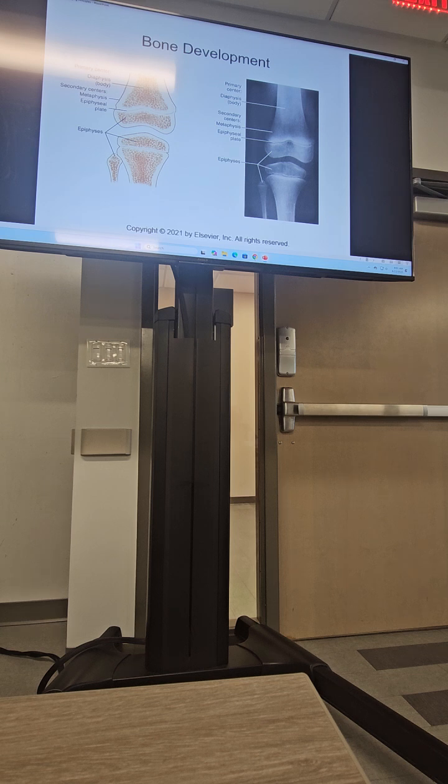It's an epiphyseal plate, which is in pediatrics. Why does it happen? Because the bone is not yet calcified. It starts from the center and goes towards the end. That's how the plate forms, and when it completely ossifies, completely calcifies, the plate disappears in adults.